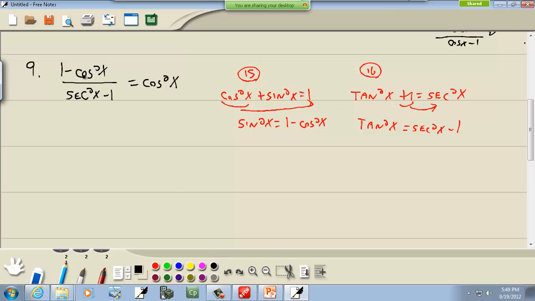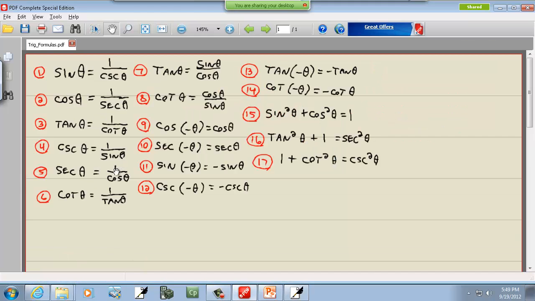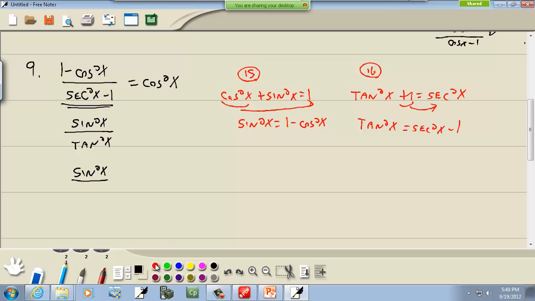Okay, so the top part here becomes sine squared. I'm working with the left side, obviously. The bottom part becomes tangent squared. Well, we're going to rewrite tangent as sine over cosine, number 7.